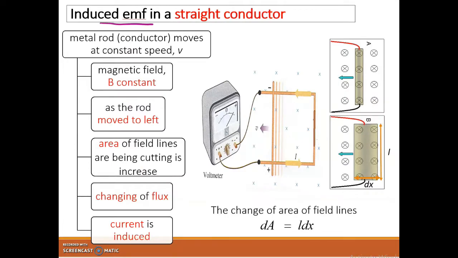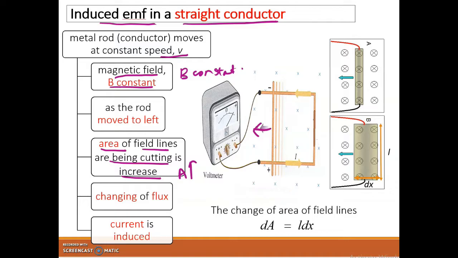For the induced EMF in a straight conductor, when the metal rod moves with constant speed, remember that the magnetic field B is constant. As the rod is moved to the left, the area of field lines being cut is increased. So this will change the flux, because flux is equal to BA.